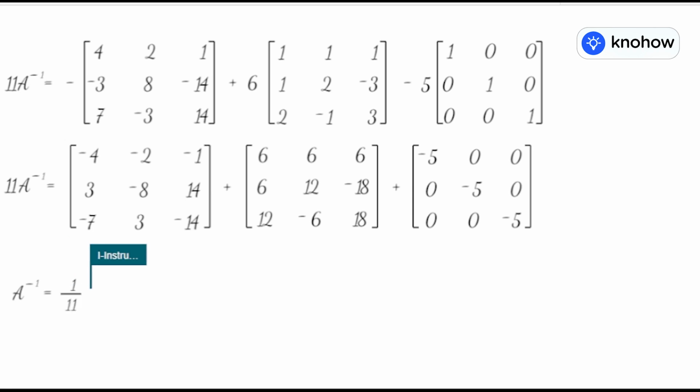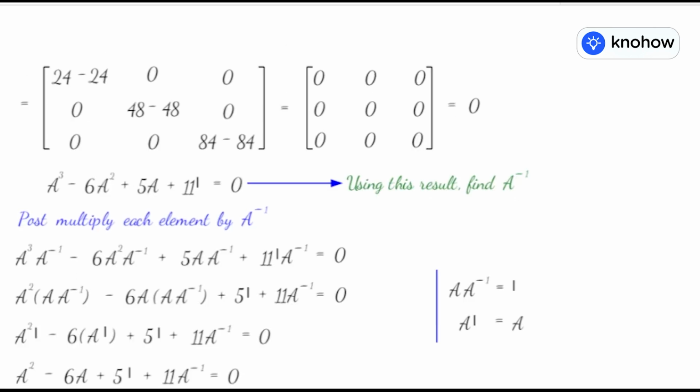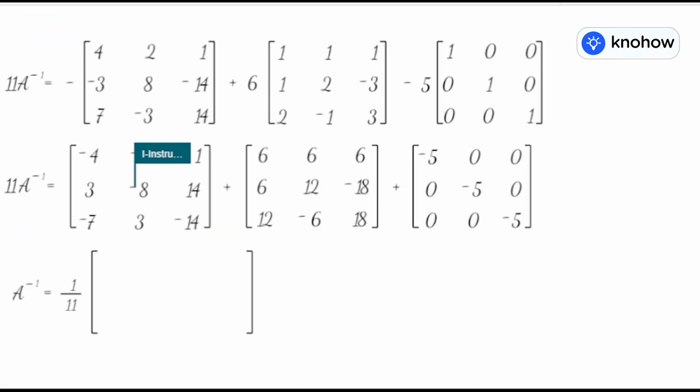You get the value of A inverse finally, 1 by 11 times, negative 4 plus 6, negative 5. So it is negative 9 plus 6, that is negative 3. Similarly, it is 6 minus 2, that is 4.